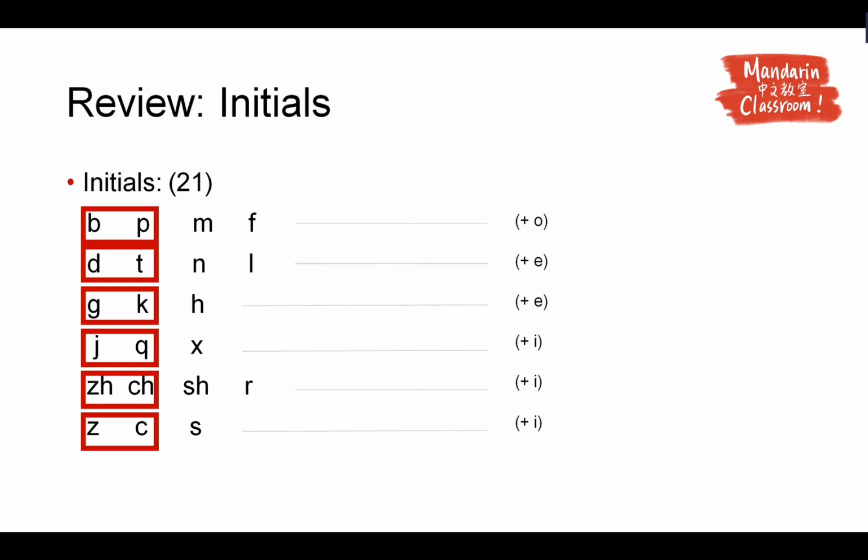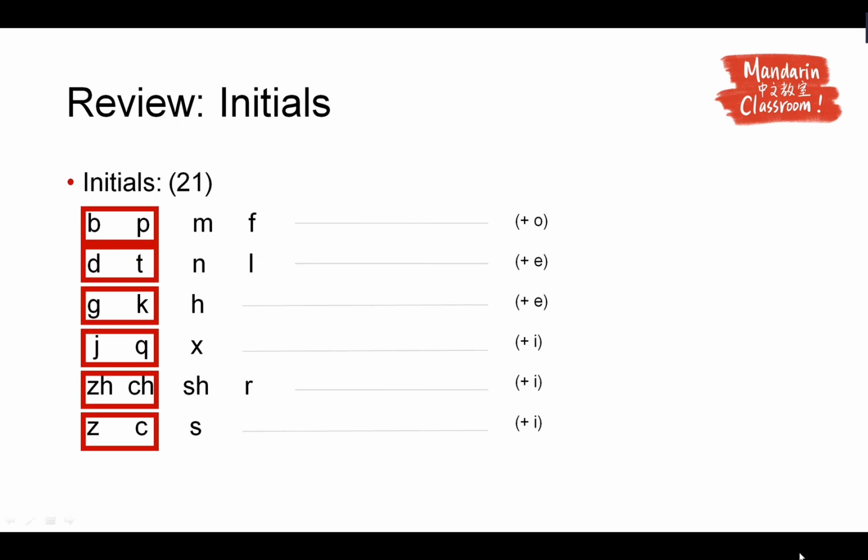Fourth line, 鸡 七 西. Fifth line, don't forget to curl your tongue and keep it. 知 吃 诗 日. Last line, flatten your tongue. 滋 呲 丝. Okay, that's all the review.